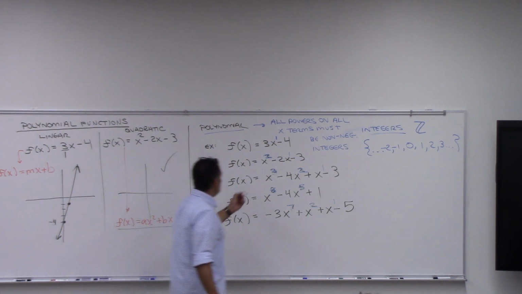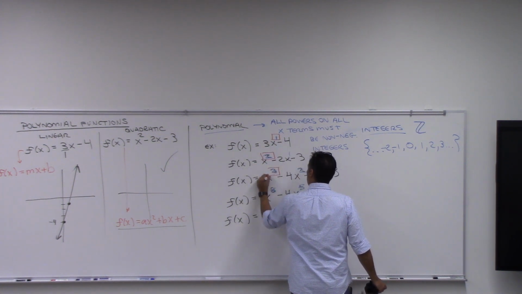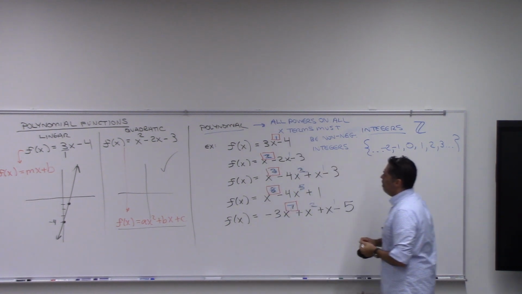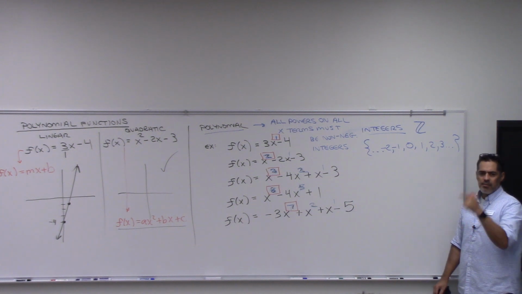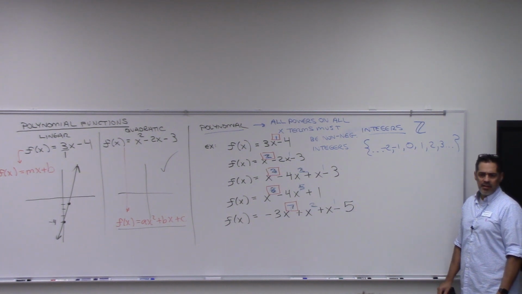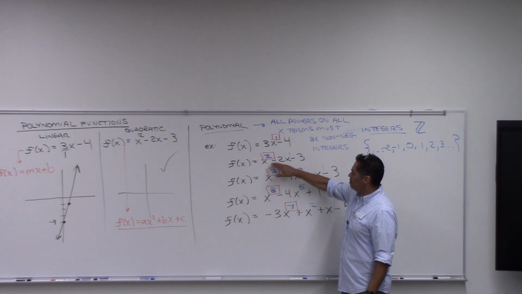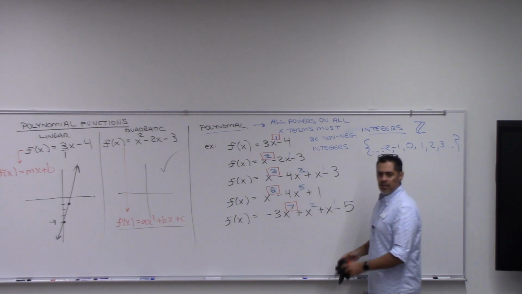Also, I want to point out, I'm going to put a box around this in red. All of those numbers that are in red are the highest powers of the x that you see in each one of those, right? Like the highest power of x here is 1. The highest power of x here is 2, 3. That was an 8, right? 8, 7, yes?